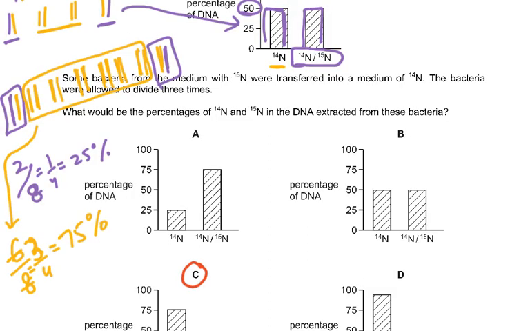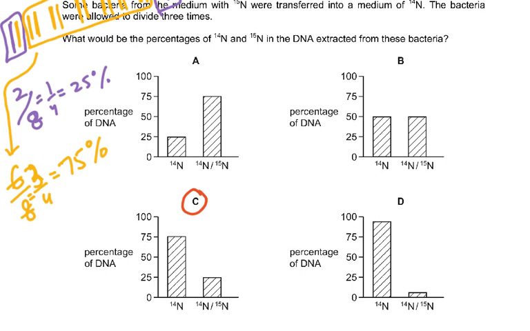Please look at this diagram and pause the video for a little while and look at how I've calculated it and why the answer is C. So the two purple ones are the hybrid ones, and this would be the 25% here. And the 75% is this one, the ones which are totally the light nitrogen, which is the N14.